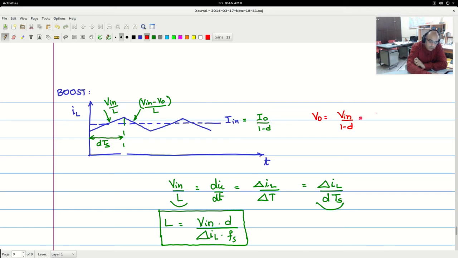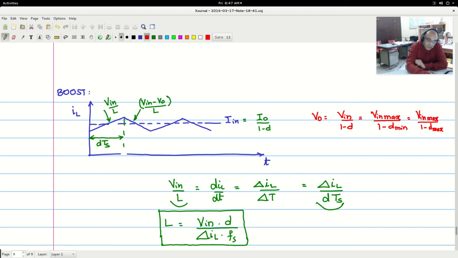So if Vn goes max, you would like to make the duty cycle min to get the same V naught value. Or if V in goes min, you would like to increase the duty cycle to get the value of V naught.